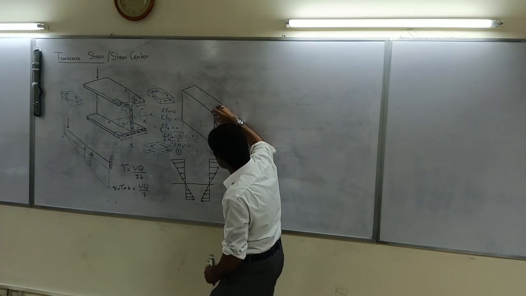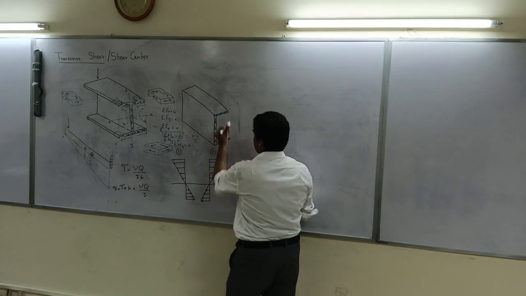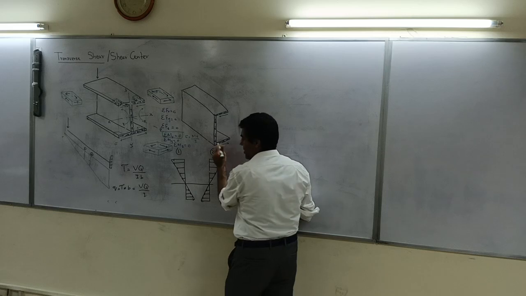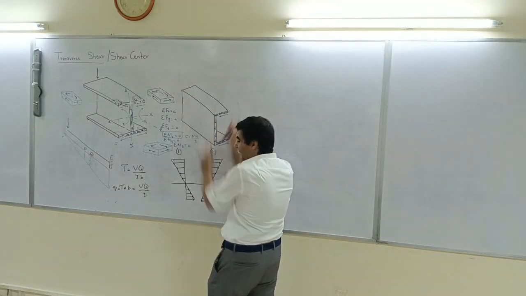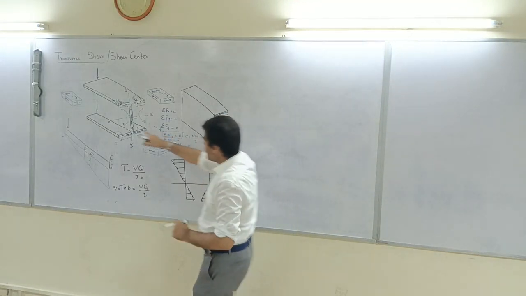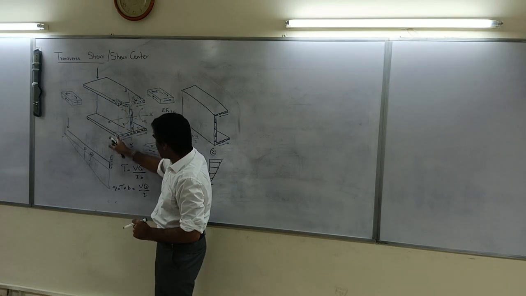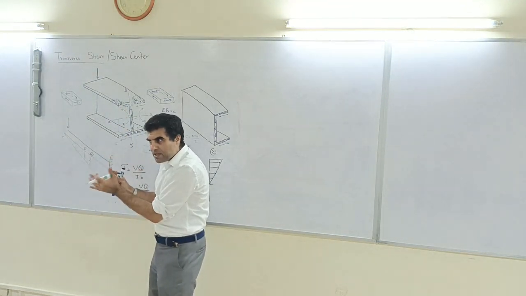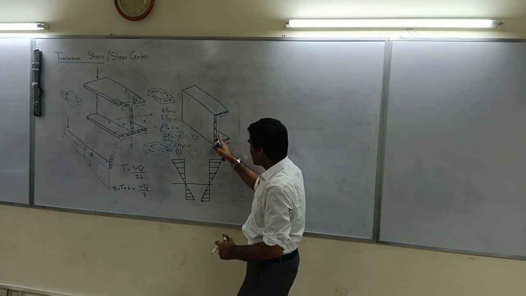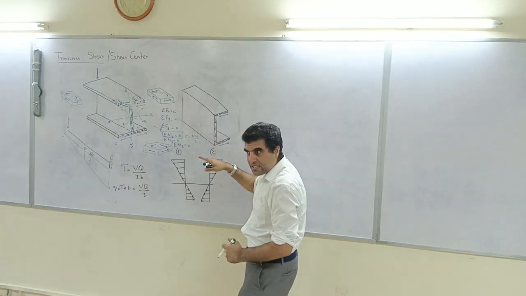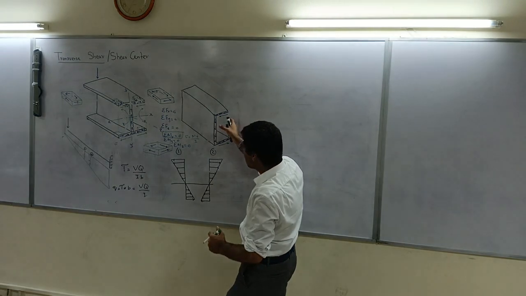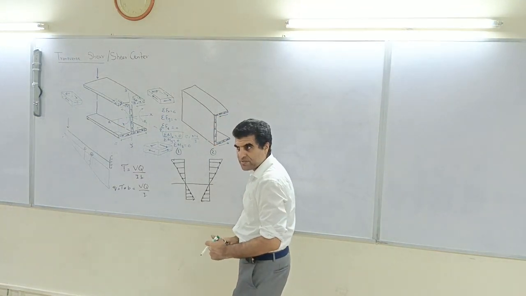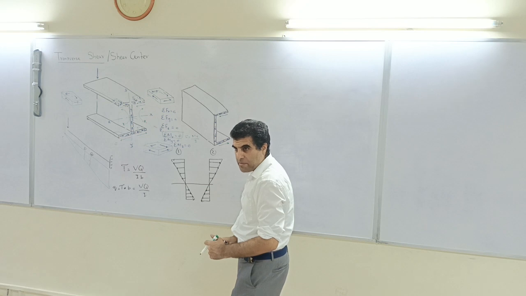Because you have got force in this direction and you have got force in this direction, equal. These are causing a couple. In the I section, they were equal and opposite forces which were countering this couple. In the channel section, they are now not countered. Why? Because this couple will tend to rotate the cross section. Do you understand my point?